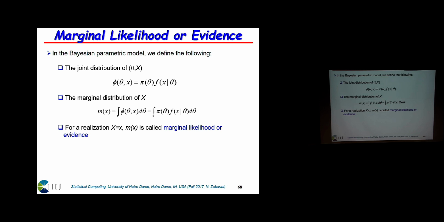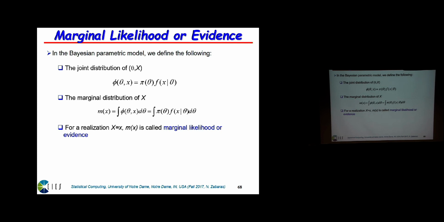If, however, your objective is to compare different models, so to do what's called model selection, then model selection will be based entirely on this marginal distribution of x. At the end of the day, you collect data x, and you want to figure out what is the model that gives you the highest probability, this marginal distribution of x.